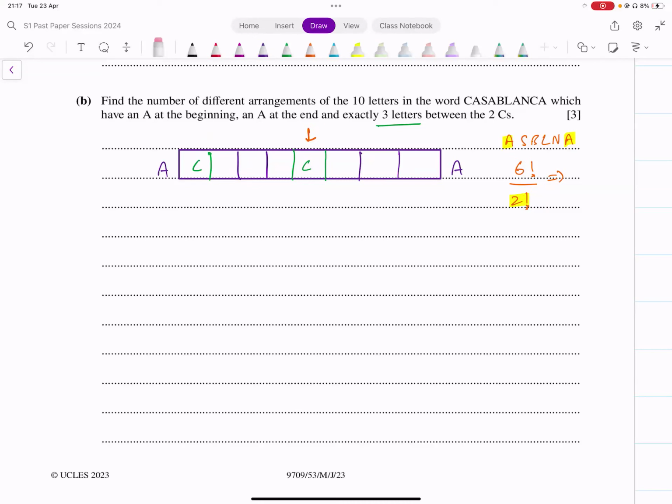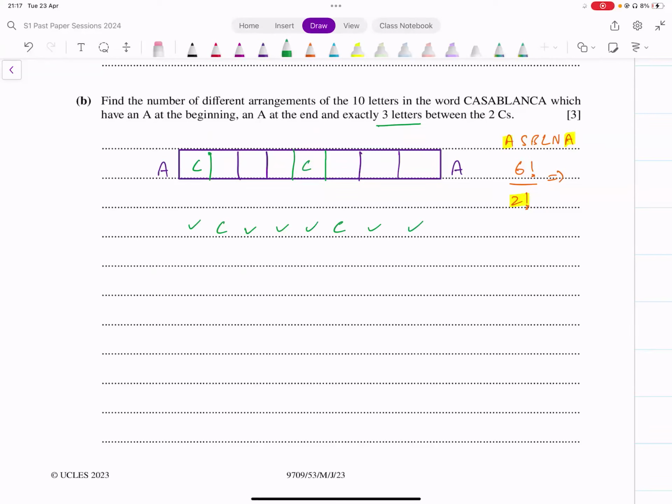However, yes, we've got 3 letters between the 2 C's in this case, but what if the 2 C's move around a little? So what if we had something like this: 1 other letter here, and then a C, and then 3 letters in between, and then another C here, and then 2 letters on the side. It could also be like this, right?